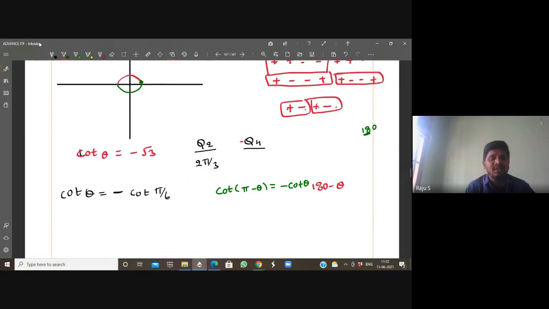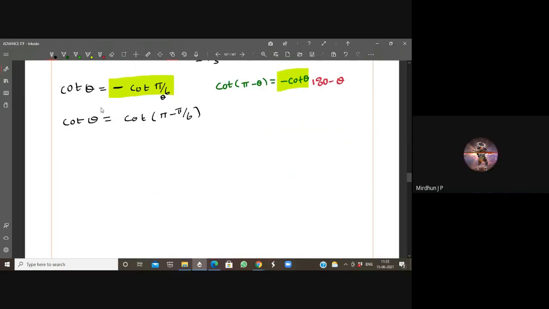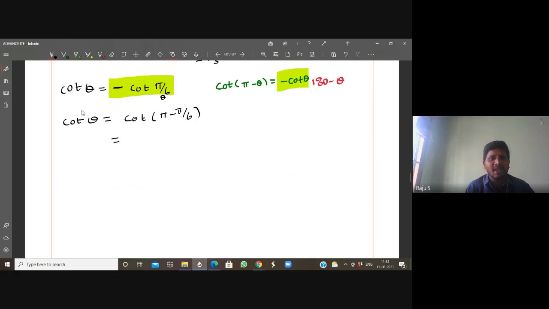Now, shall I write minus cot theta as cot of 180 minus theta? Theta here is pi by 6. Now I can cancel cot.